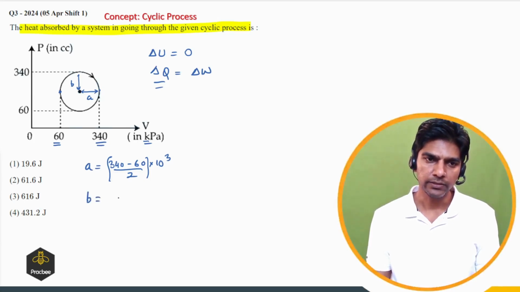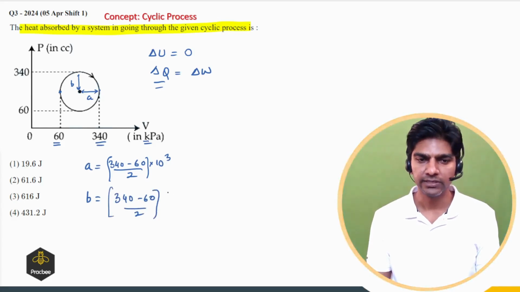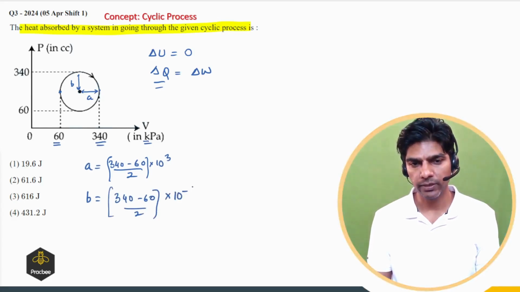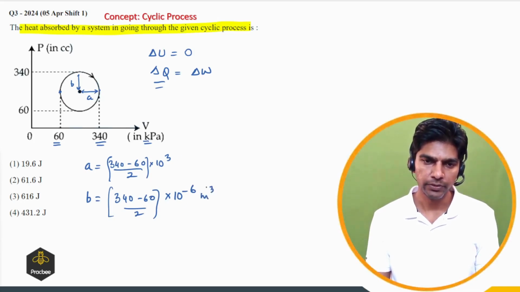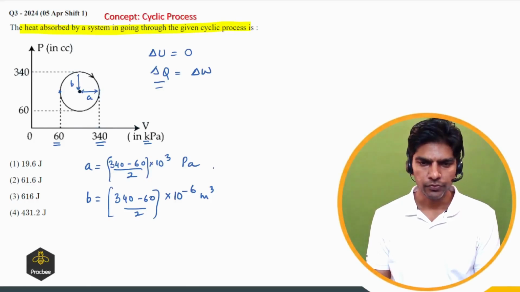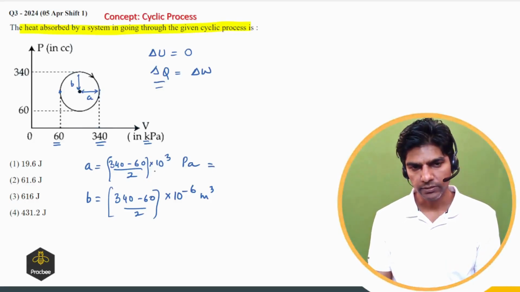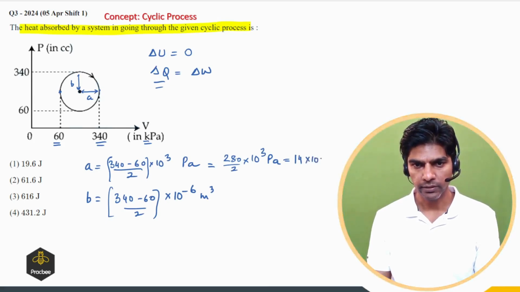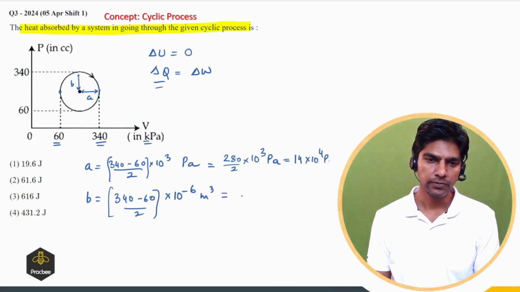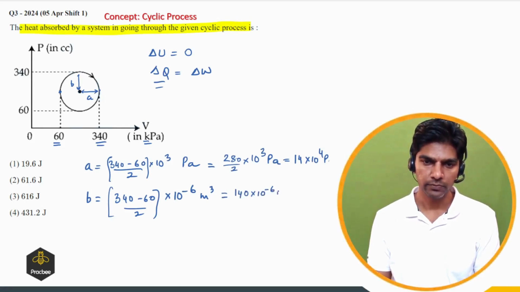And B is (340 minus 60) by 2 cc, and in 1 cc we have 10 raised to power minus 6 meter cube. This will be meter cube and this will be pascal. Now if you simplify this, this will be 340 minus 60, that will be 280 by 2 times 10 raised to power 3 pascals, which is 140, or you can say 14 into 10 raised to power 4 pascals, and this will be 140 into 10 raised to power minus 6 meter cube.